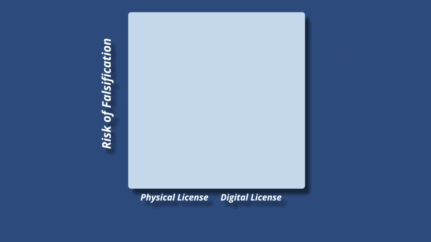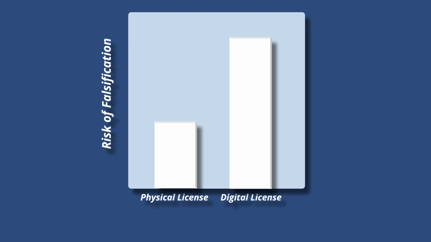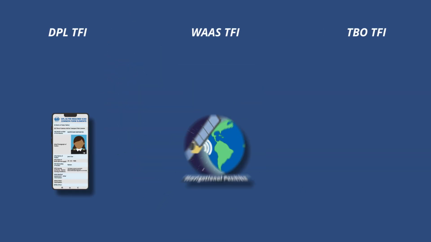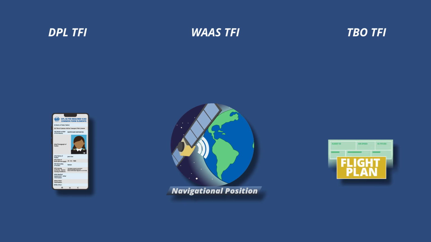The risk of falsifying digital information or digital licenses without cryptographic protection is actually greater than physical licenses. The underpinnings of these TFIs are all similar, however, each has unique flavors, also known as TFI-specific requirements, to ensure that they meet the need for that particular TFI and the nations involved.